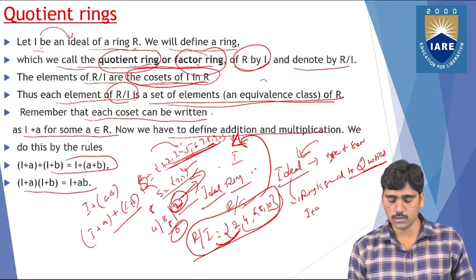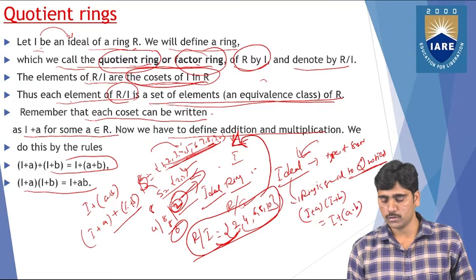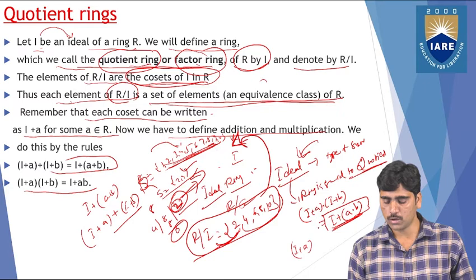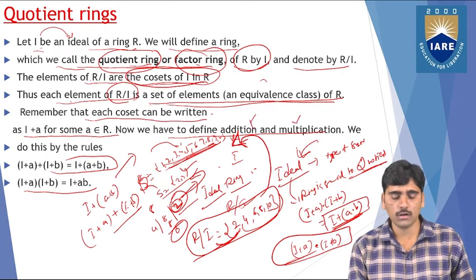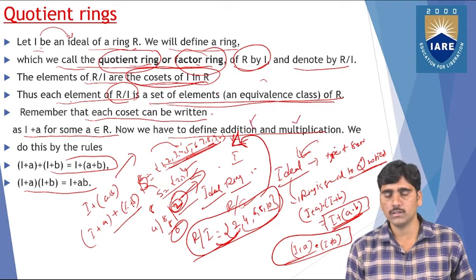In the same way, you can write this one also. I plus a times I plus b is nothing but I plus (a dot b). If you elaborate this statement, you will get I plus a dot I plus b. With the help of these operations, you can perform addition and multiplication on these quotient rings.